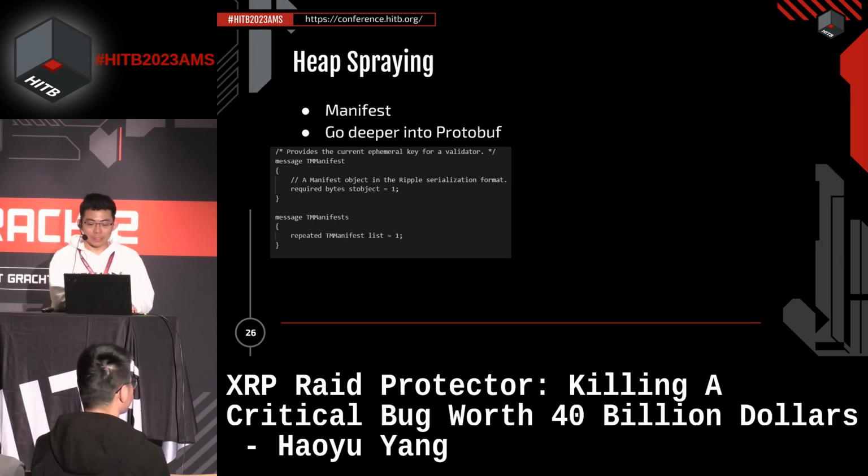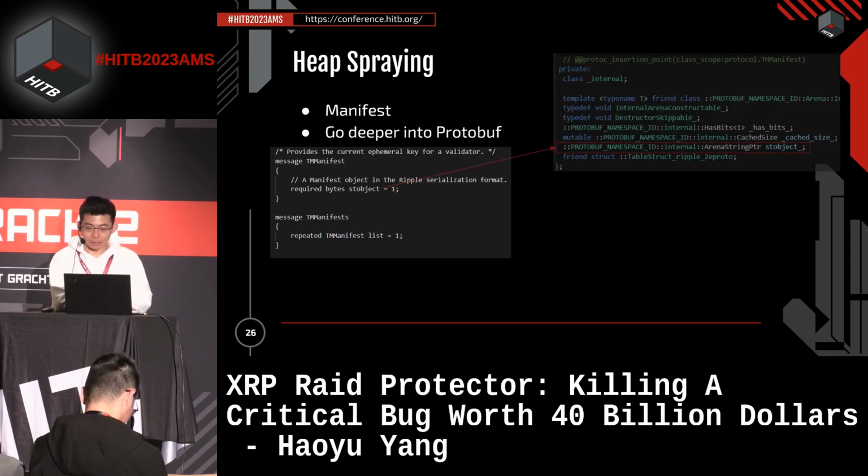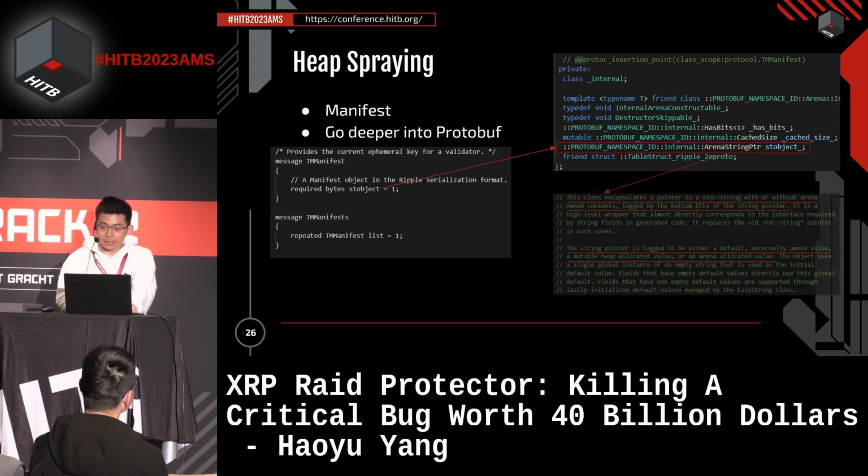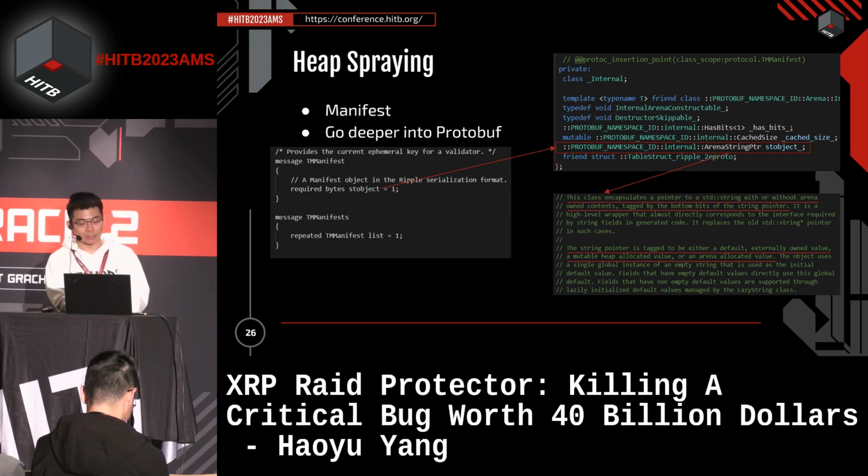And the field in bytes type is internally an object called ArenaStringPtr. The documents say that this class encapsulates a pointer to a std::string with or without arena-owned contents, meaning that the ArenaStringPtr could point to a std::string in some ways.